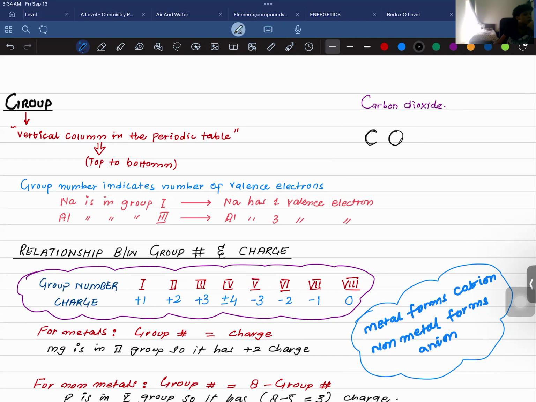So the charges will be 4 and 2. Then you swap it, so it will be C2O4. It can be simplified to C1O2. This is why the formula of carbon dioxide is CO2.